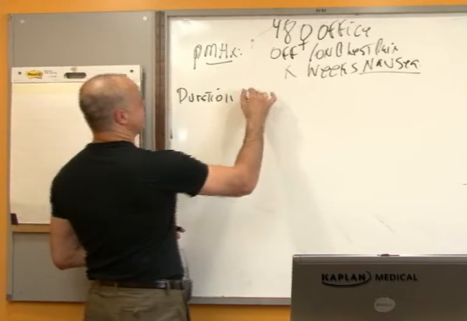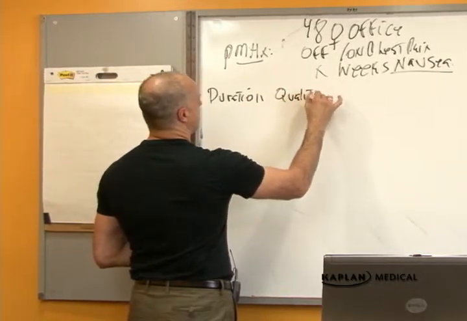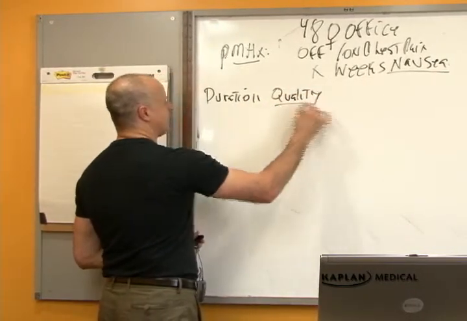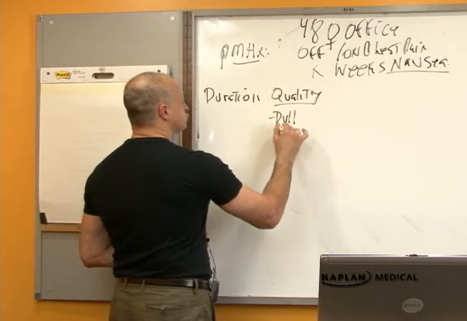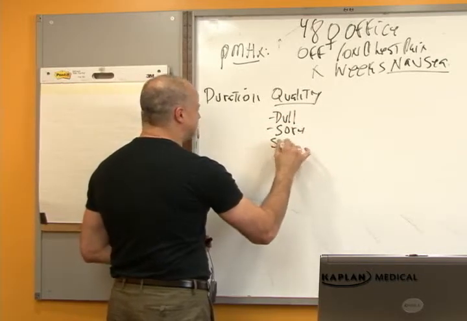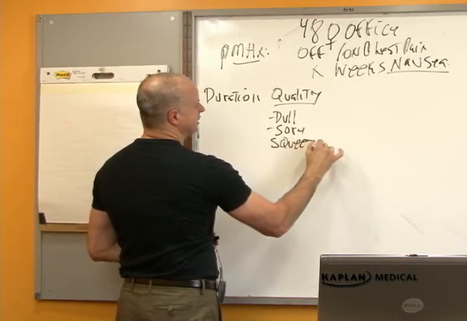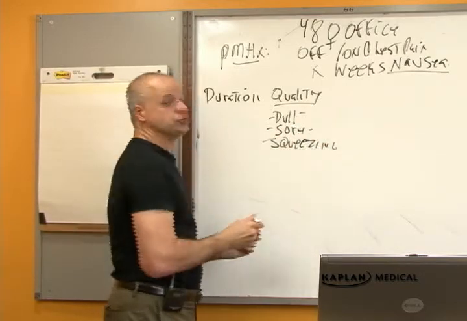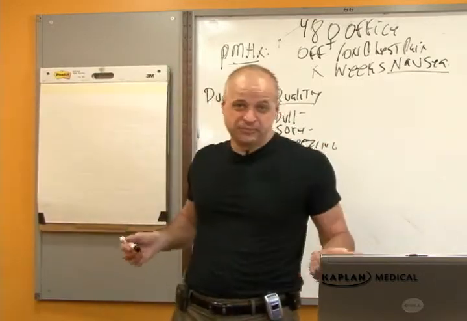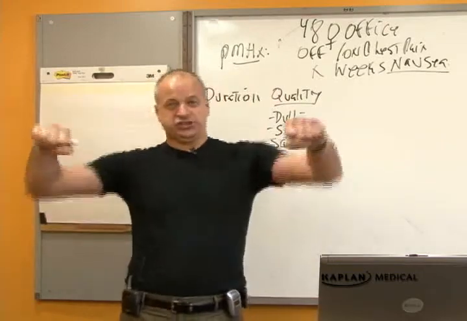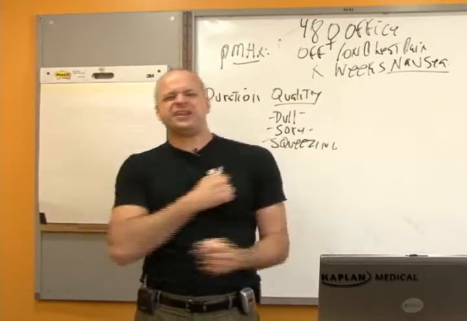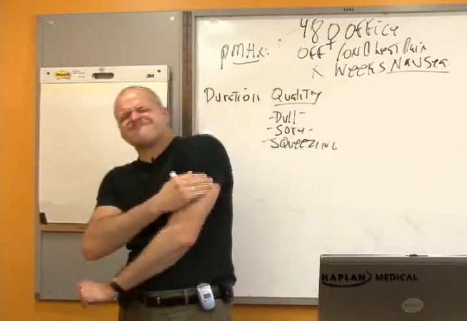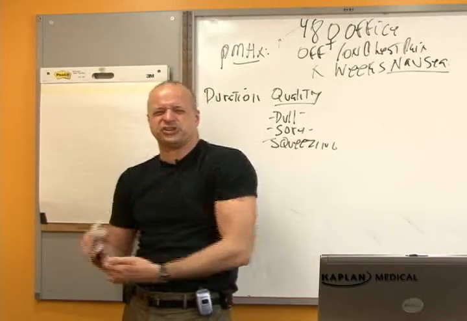The quality. Ischemic pain is dull, sore, squeezing. In other words, ischemic pain is like going to the gym, lifting weights, pumping, and ooh, I'm sore. That hurts. It's sore like a muscle.